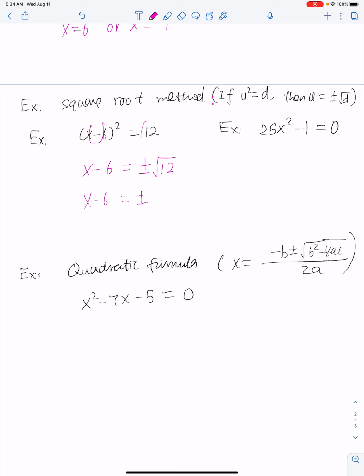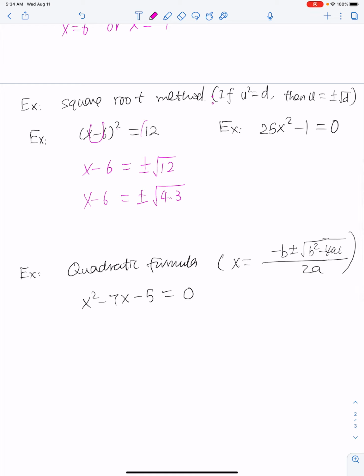Because 12 is 4 times 3, and the square root of 4 is 2, it's plus or minus 2 square root of 3. So what will be x then? You add 6 on both sides, so x is 6 plus or minus 2 square root of 3. You guys okay? Perfect.